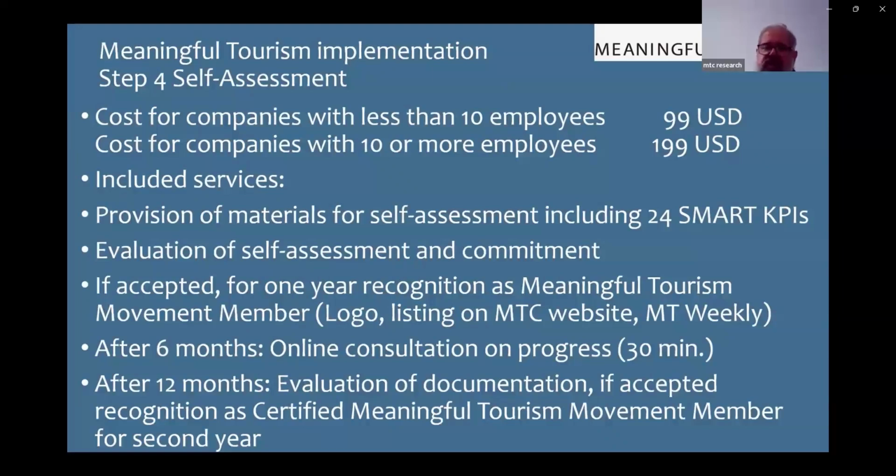You get access to the paid part of the Tourism Weekly, and you get a half hour online consultation, all included. And after the year, you get the evaluation of documentation, and if it's recognized as good enough, you will get the second year as a certified member.